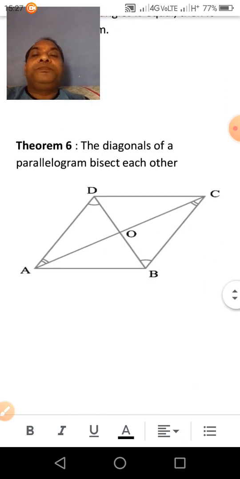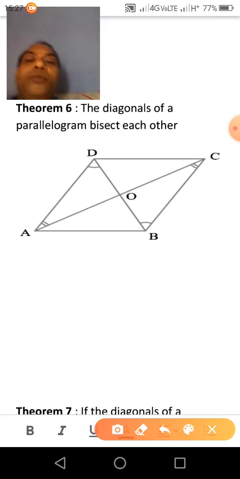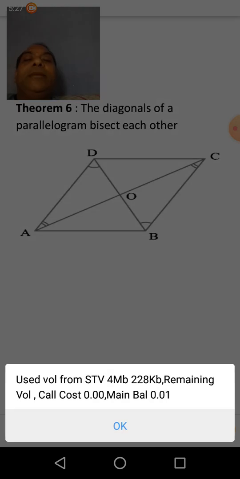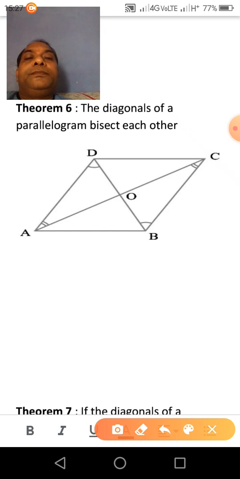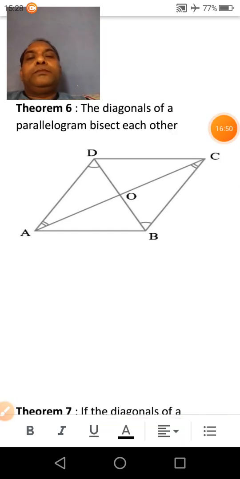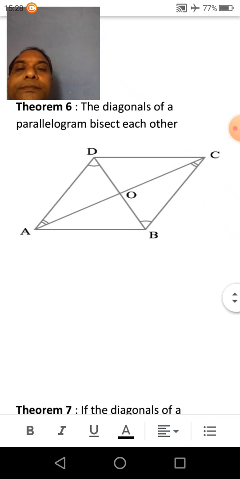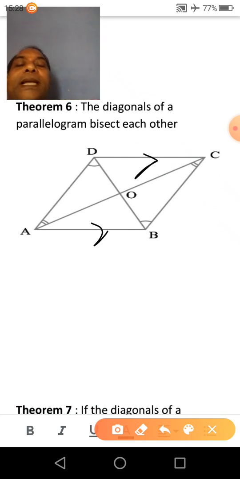Now next theorem. The diagonals of a parallelogram bisect each other. You can prove it. Clear? So ABCD is a parallelogram and side AB is parallel to DC.